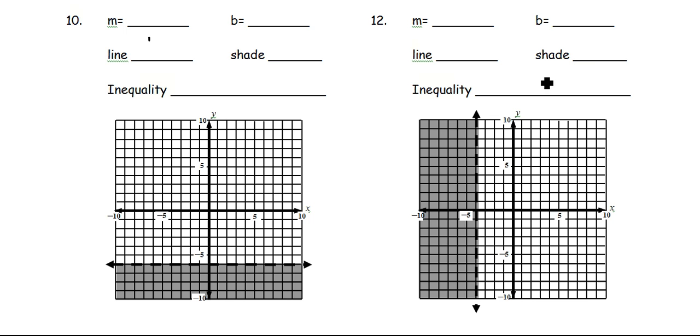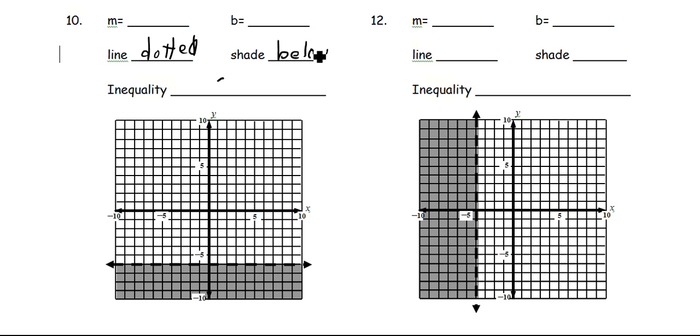These are two unique cases, but let's look at the line. It's dotted and shaded below. So we know that this is going to be a less than since it's below. We do not include the equal sign.